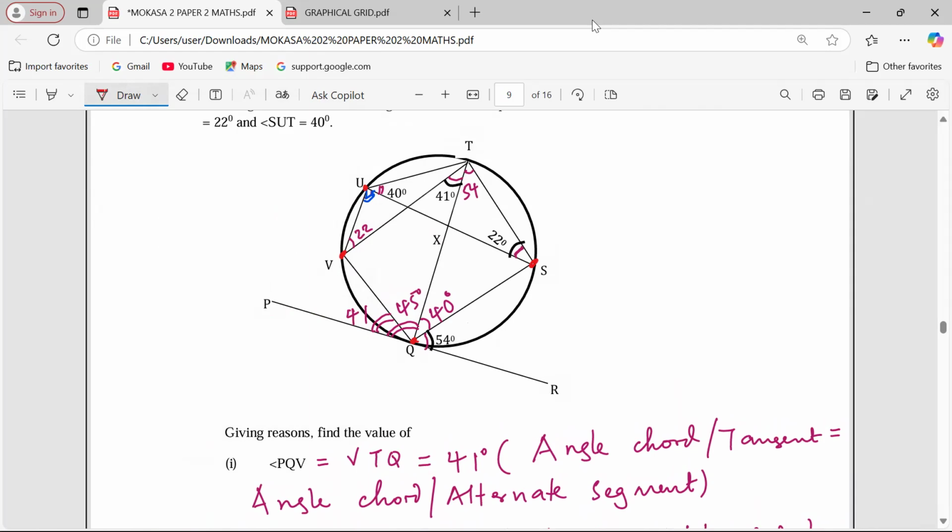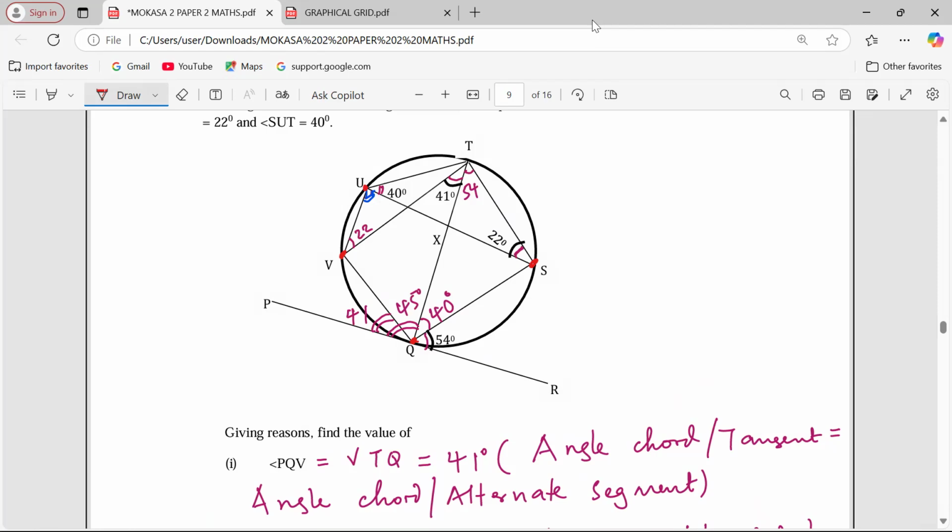And what to say in a cyclic quadrilateral is that opposite angles are supplementary. They add up to 180. So if that is so, then it means the whole angle at Q is opposite to the angle at U. Therefore, they should add up to 180.